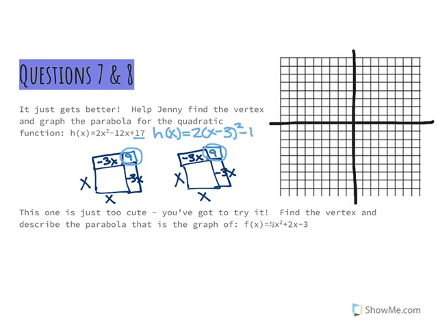Therefore, her vertex is going to be a positive 3 and a negative 1. And then she's going to go over 1 up 2, over 2 up 8 because she's doing this twice. So 1, 2, 3, 4, 5, 6, 7, 8. And we're just going to mirror those 2 points in this case and connect them for her function.